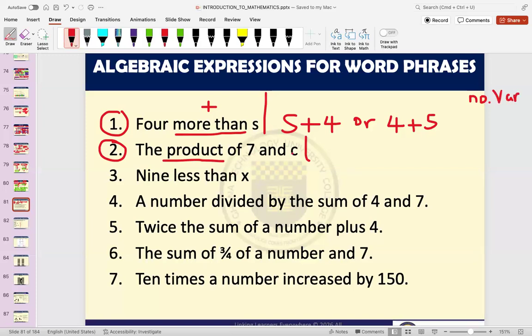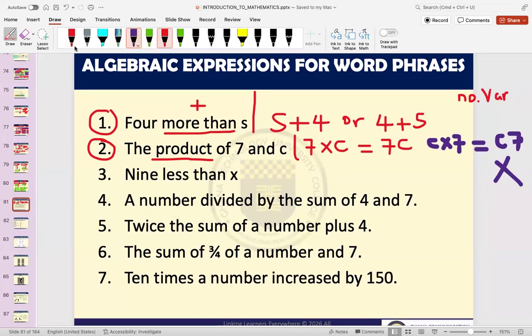So we have 7, product means multiplication, C. And this will give us 7C. You cannot write this one as C times 7, which is equal to C7. No, this is wrong. This is not how to write algebraic expressions. In algebraic expressions, always the number, the coefficient, will have to come first.